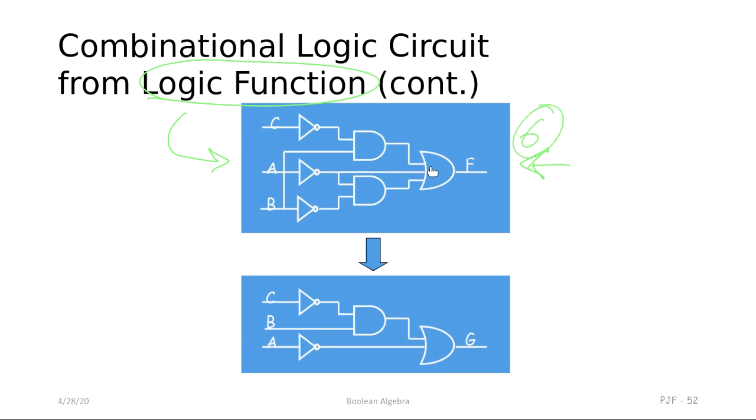More gates means more energy consumption, and it will take more time to get the output because each gate takes some time in processing. So the same function can be performed with fewer gates, as you can see here. Here we are using only 4 gates, and this will do the same function.